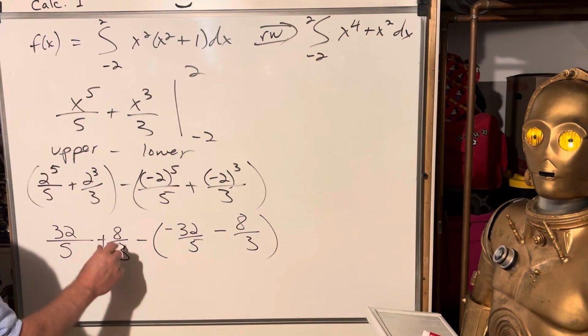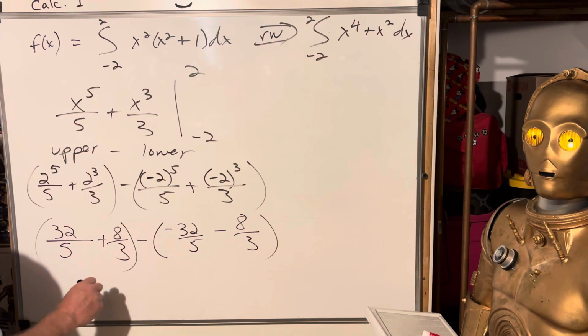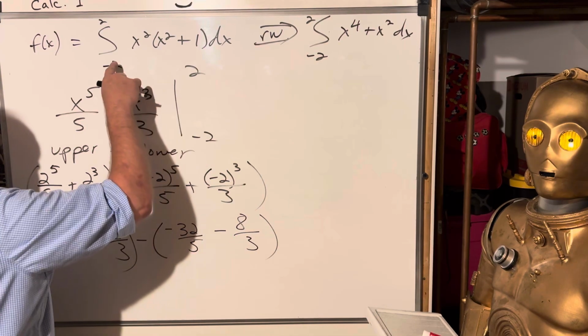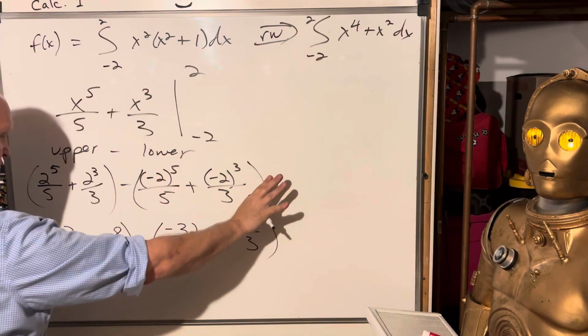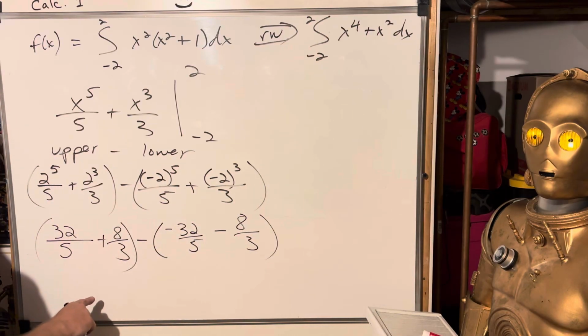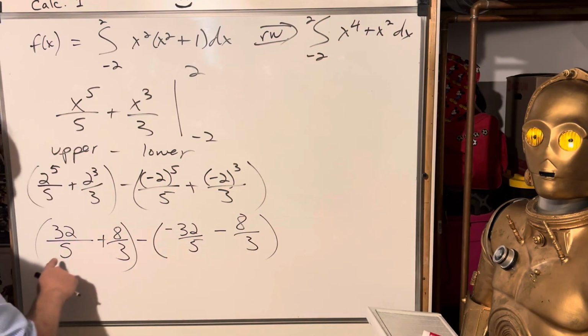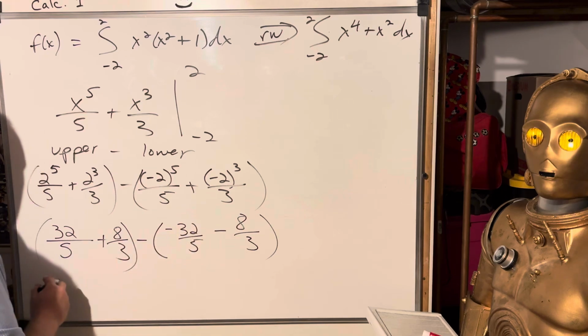And so check it out. Look, if I just went from 0 to 2, this would have all zeroed out, and I would have just had this. But instead, look at what I have. Then minus, it's going to distribute.